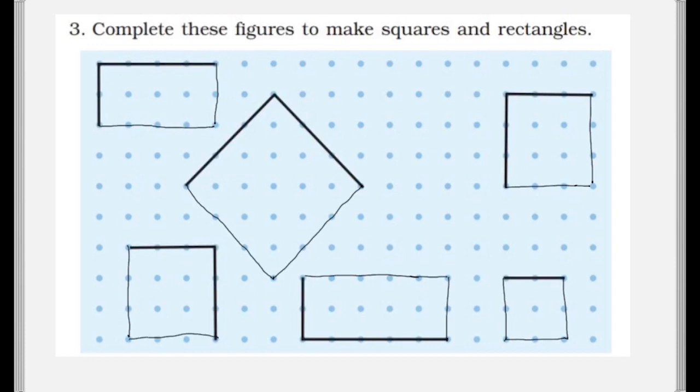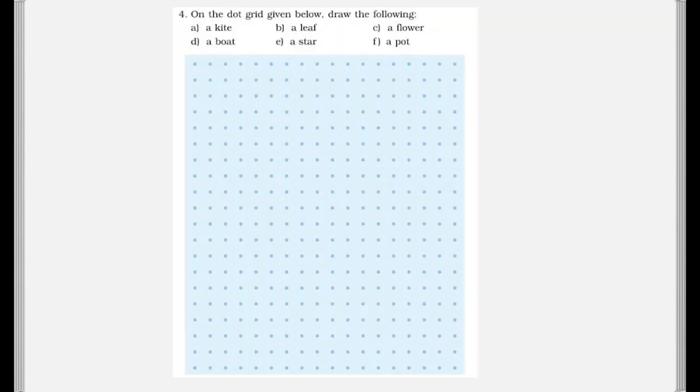Okay, so now we will move ahead. On the dot grid given below, draw the following: a kite. So to draw a kite, it can be something like this. So this is a kite.